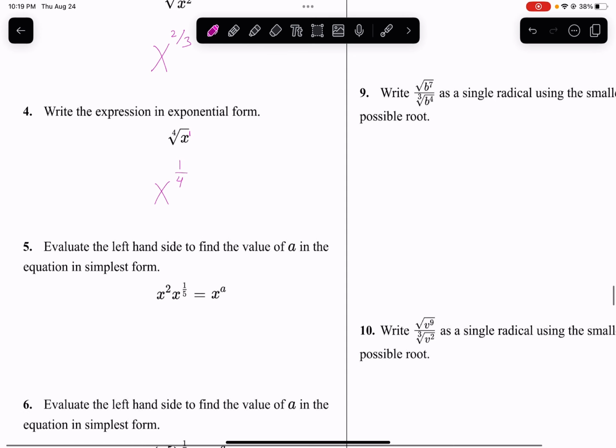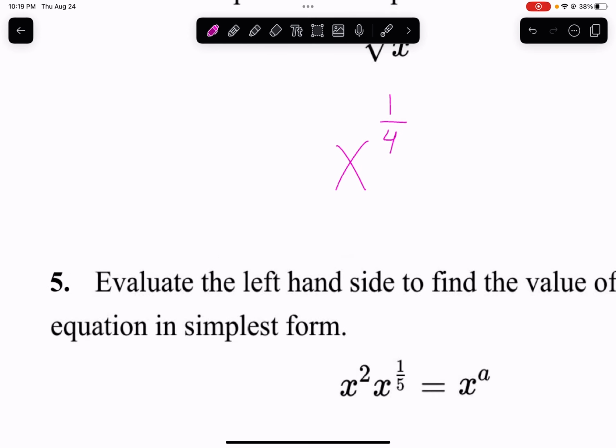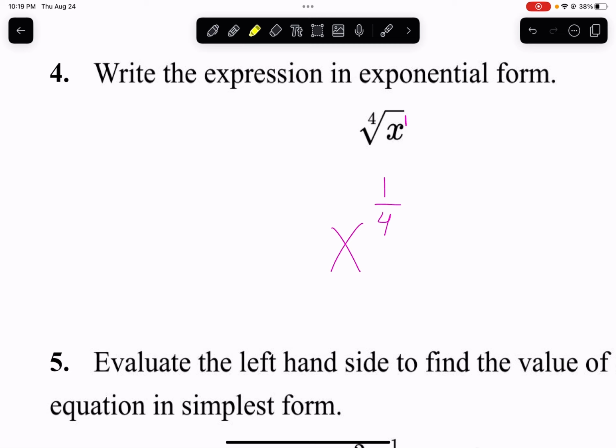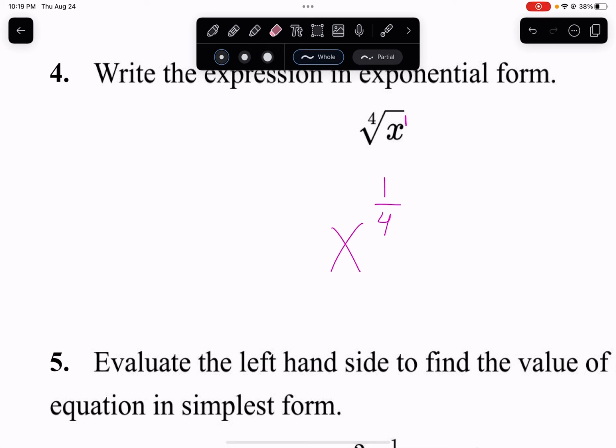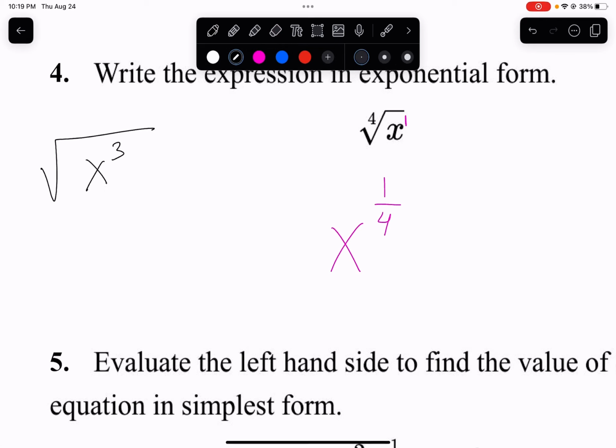And then you know what? One thing that this did not have that I want to make sure you all understand, let me write in one more example, okay? Let's say we had this. Something like this. If there's no number inside of the root, that is an implied 2.